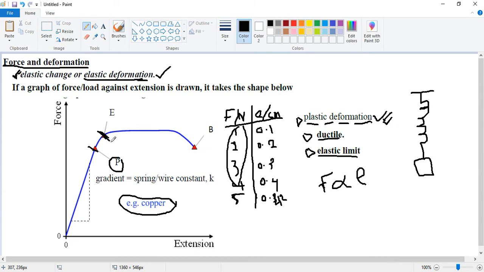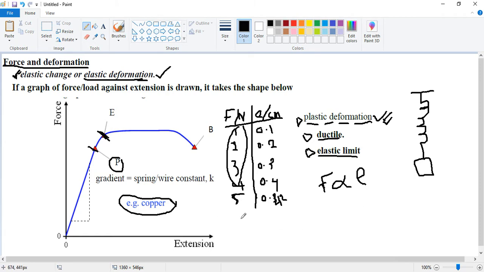Beyond the elastic limit, of course, force will not be directly proportional to extension. You may find that for a material, you add a very small force and you get a very big extension, or to get a small extension, you may put a very large force. So the reverse is also true.